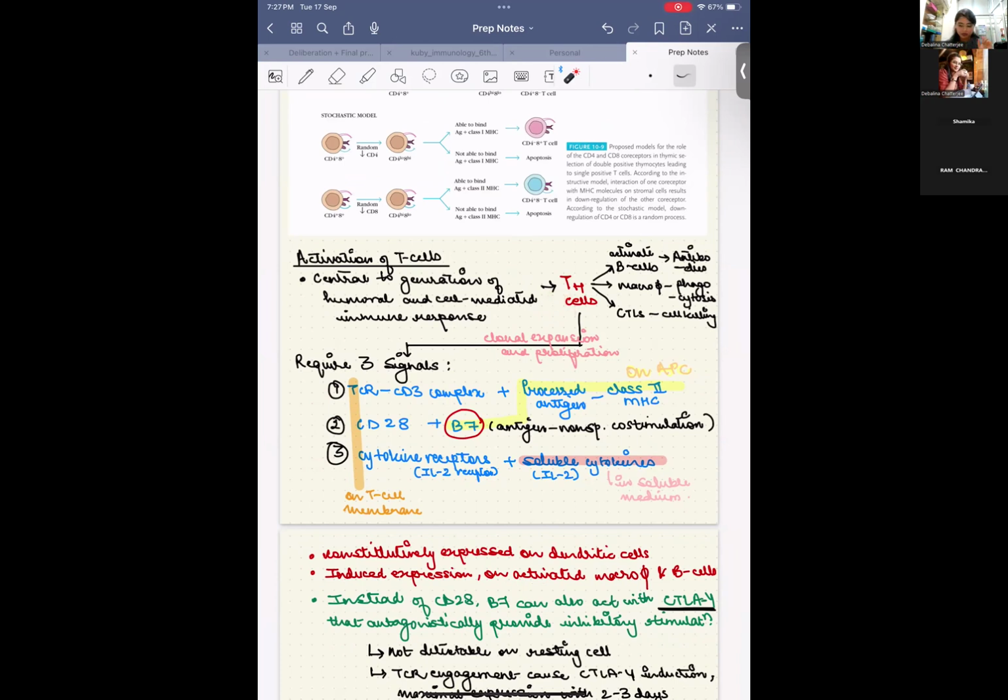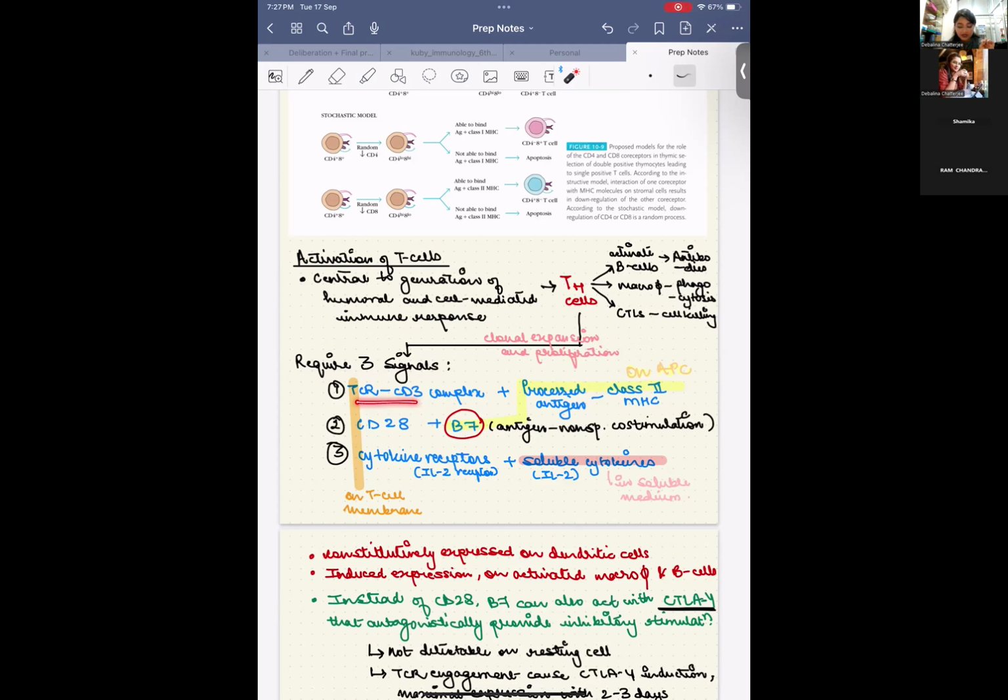The three signals that are mainly required for a T helper cell to get into clonal expansion and proliferation: the first is your TCR and CD3 complex interacting with a processed antigen, which is associated with your class 2 MHC molecule presented on your antigen presenting cells.